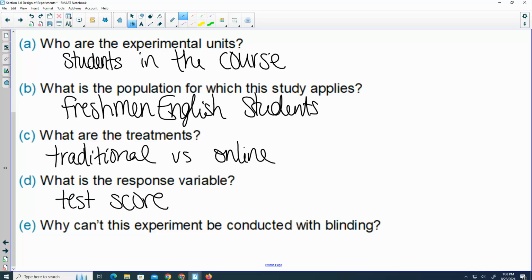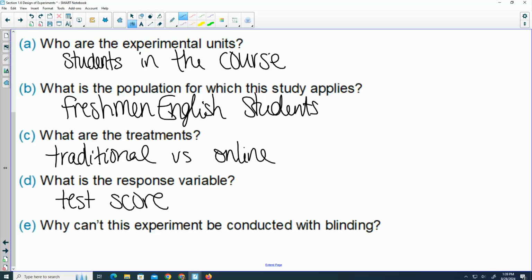All right. Why can't this be done with blinding? So a single blind or a double blind? Yeah. If you take a class, you know if you're showing up or if you're online. And me as a teacher, I know if I'm looking at you or if you're online.